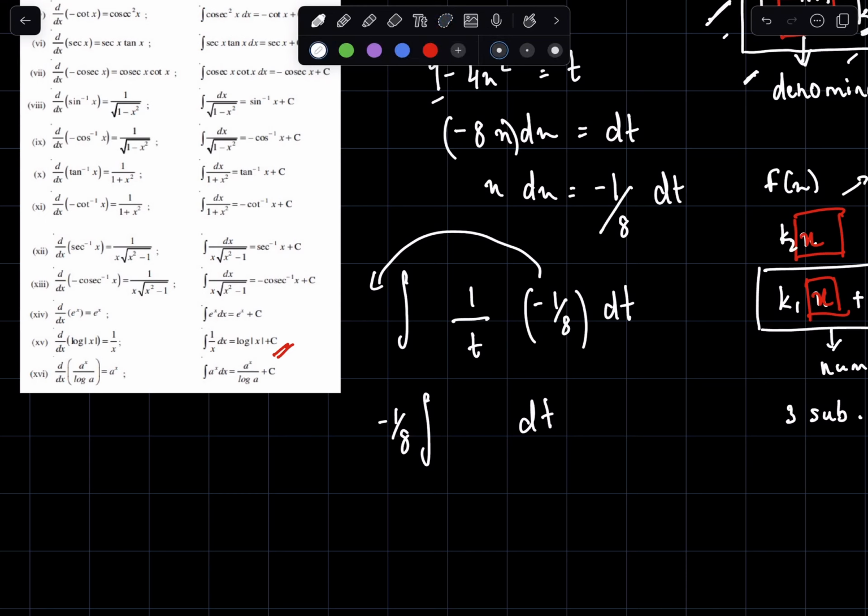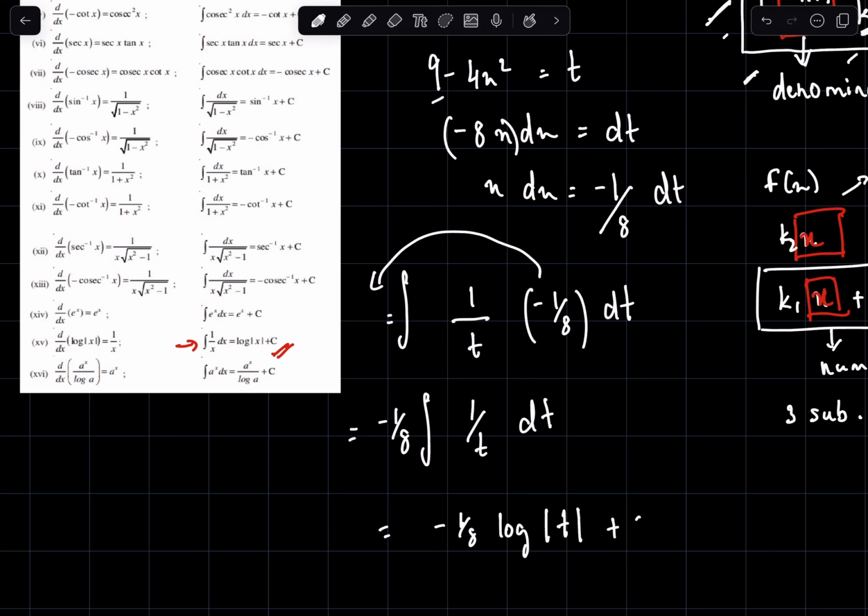Okay, so what you want is, what is the integral of 1 by t? And you have it right here. Again, this one is log of x, right? So it is equal to minus 1 by 8 log of t plus c.